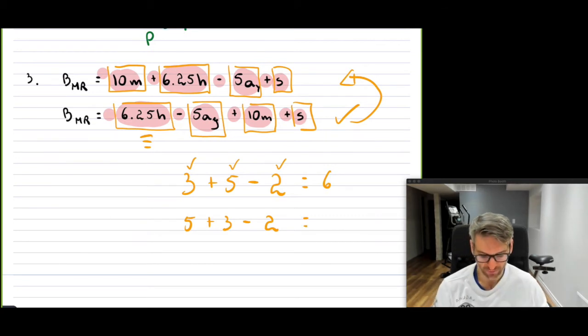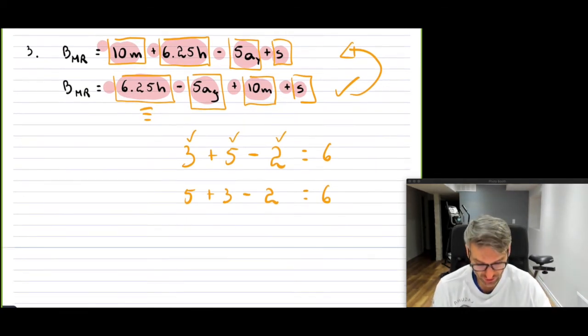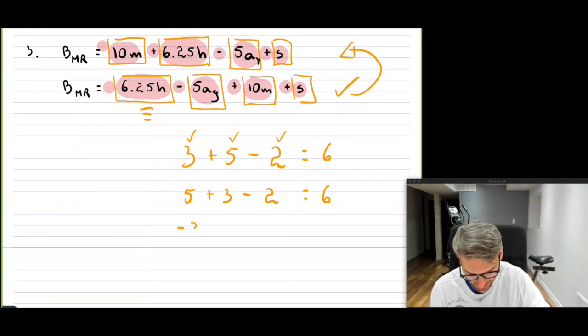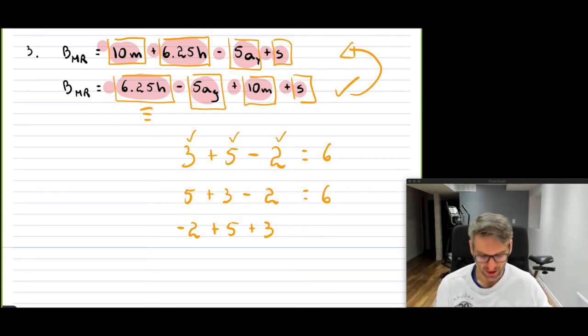And in here, 5 plus 3 is still 8, minus 2 is still 6. And you could have even completely jumbled it up, meaning you could have said minus 2, plus 5, plus 3. As long as the signs are the same, the additions and subtractions that you have, you're still going to get exactly the same answer.